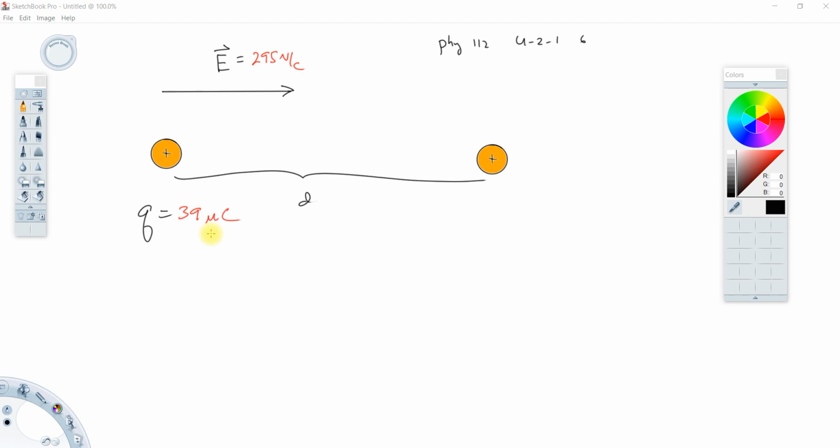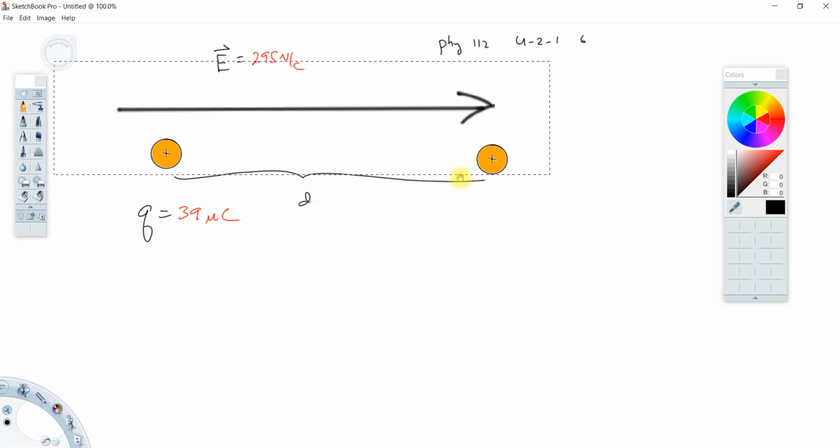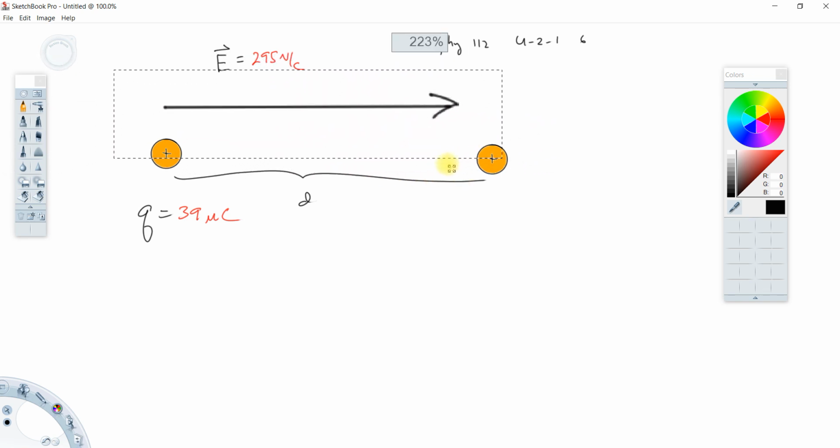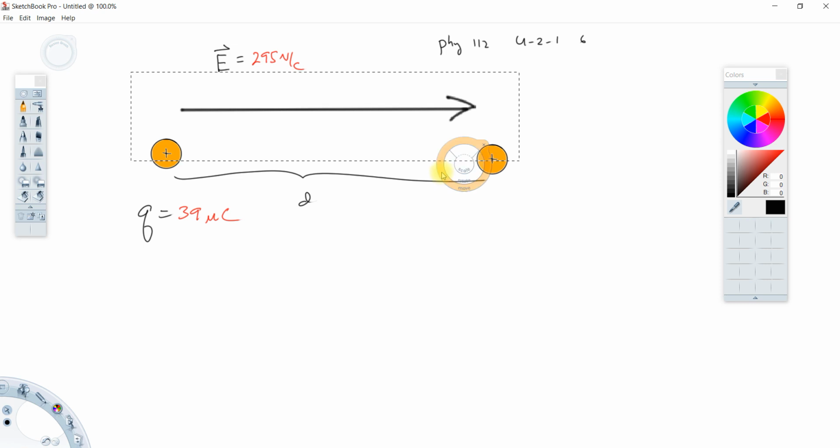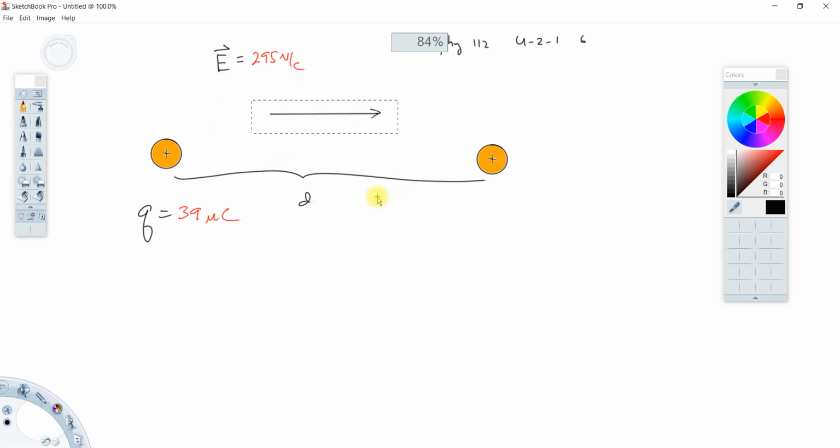One thing I'd like to point out, if you folks will humor me, is that the picture actually looks something like this. They drew this electric field vector in their picture so that it's the same length as this distance for some reason. The length of the electric field vector has exactly nothing to do with that distance, and there's no reason to draw this vector this length at all.